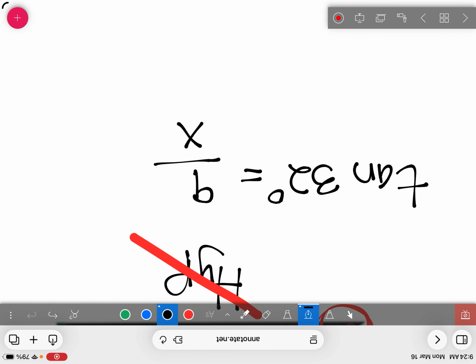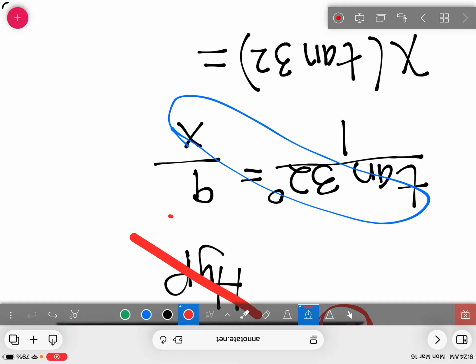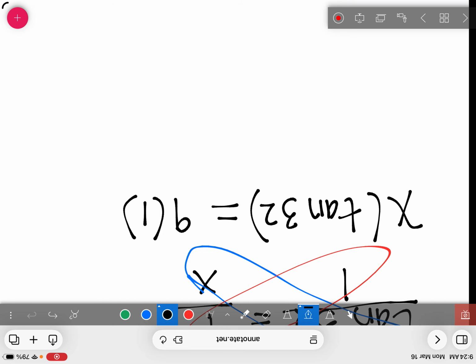It does matter that you put that. Opposite has to be in the numerator, adjacent in the denominator. Let's go ahead and make this a fraction and cross multiply it. Now to solve for x, because x is being multiplied by tangent, what do you think I'm going to do to get rid of the tangent?